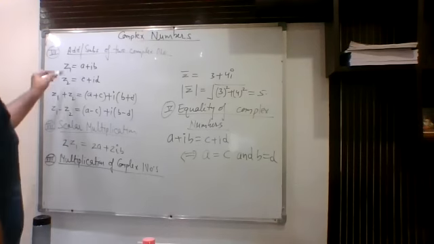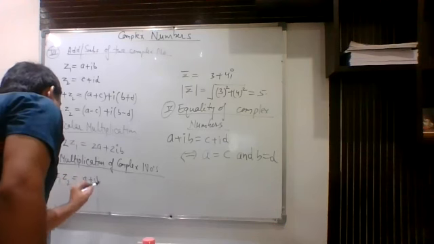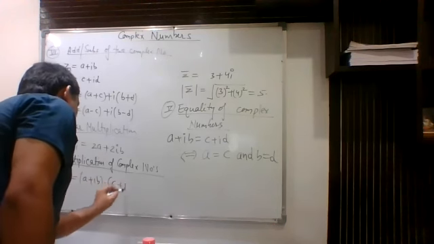Suppose Z1 into Z2, we want to perform multiplication of these two, a plus iota b into c plus iota d.